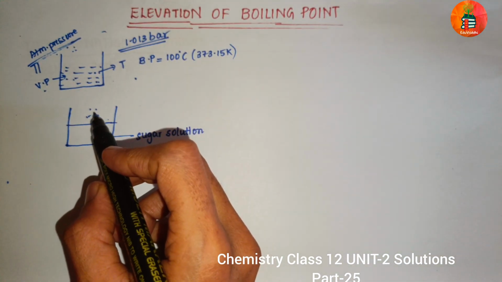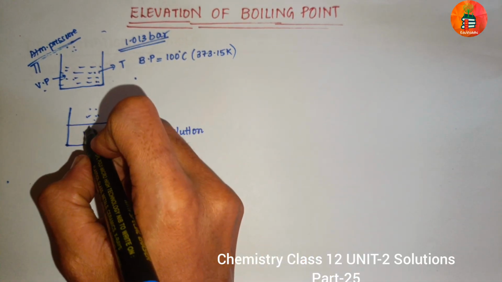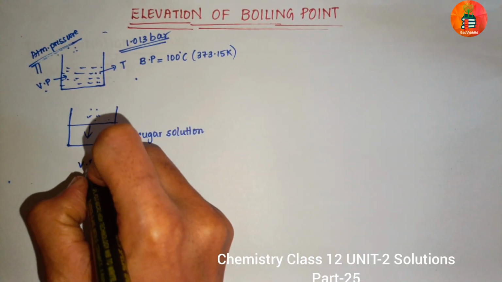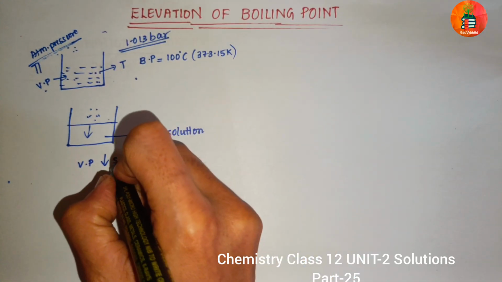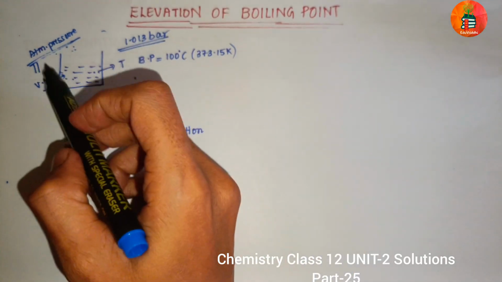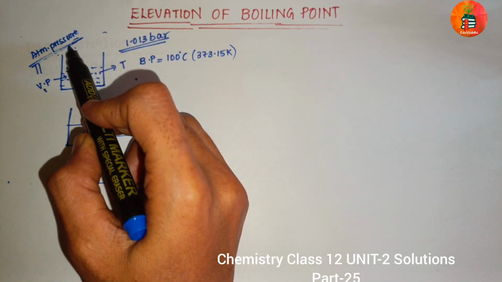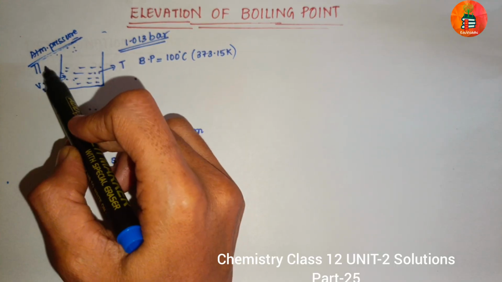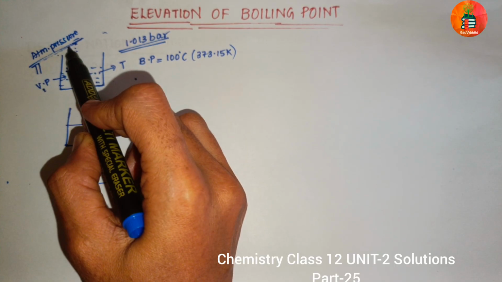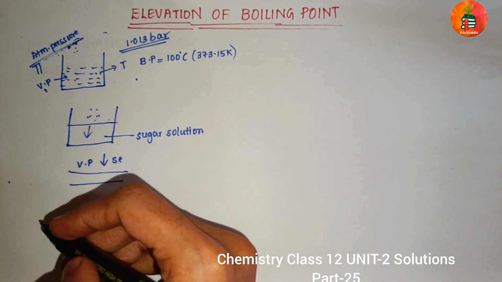You know that when you add a non-volatile solute into the solvent, the vapor pressure will decrease. If the vapor pressure decreases, will it reach the atmospheric pressure easily? No. It is very difficult to reach the value of atmospheric pressure if the vapor pressure of the solution decreases.